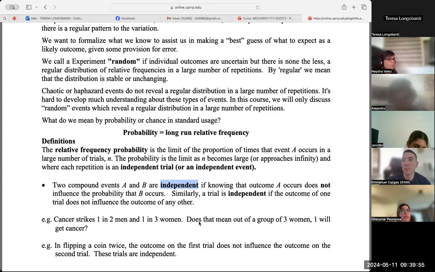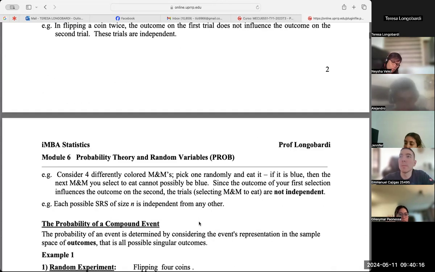So the chance of a head is still 50%, no matter what happened in the past. It doesn't change the probability distribution, or the fact that it's going to be 50% chance of a head, 50% chance of a tail. So it doesn't affect the probability of outcomes, or the distribution of outcomes.